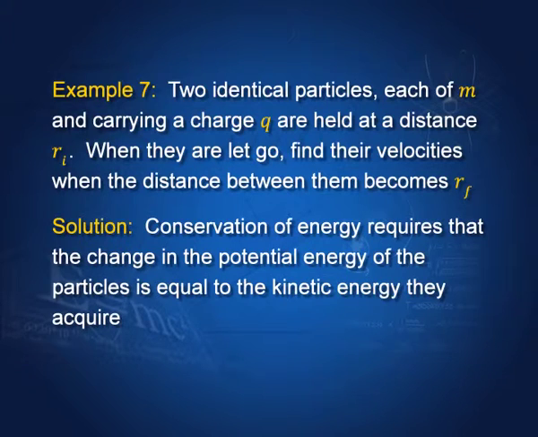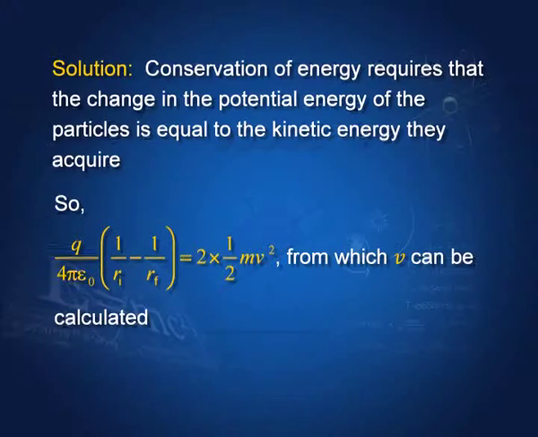So, conservation of energy requires that the change in potential energy of the particles is equal to the kinetic energy, because there is no other energy sharing process. So, the potential energy goes into kinetic energy and vice versa. So, we have q squared by 4 pi epsilon 0 into 1 by r initial minus 1 by r f, that is the change in the potential energy, and this must appear as kinetic energy.